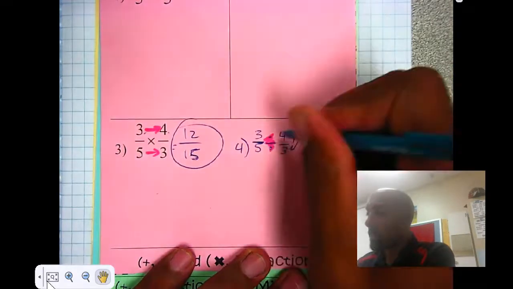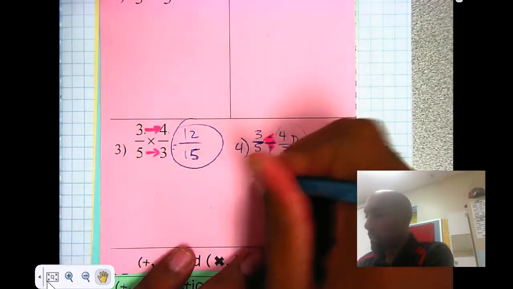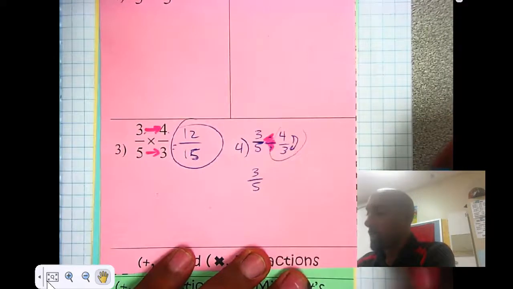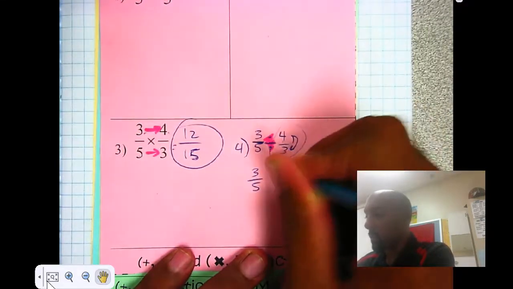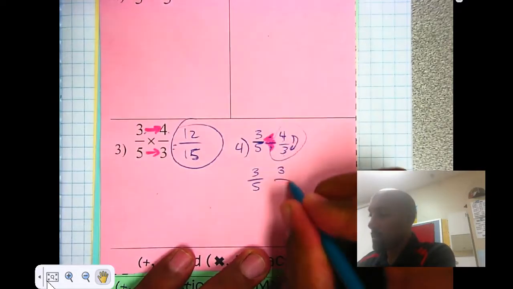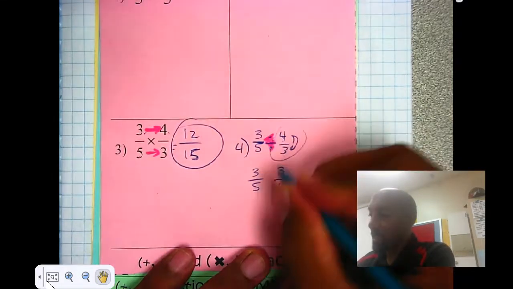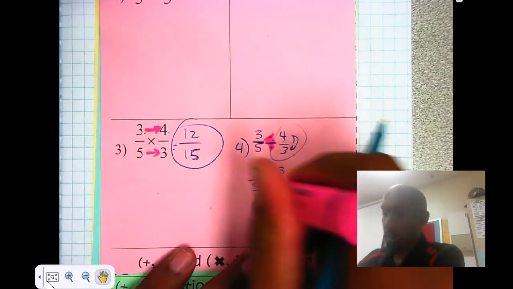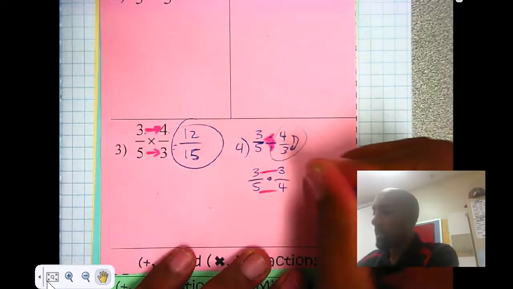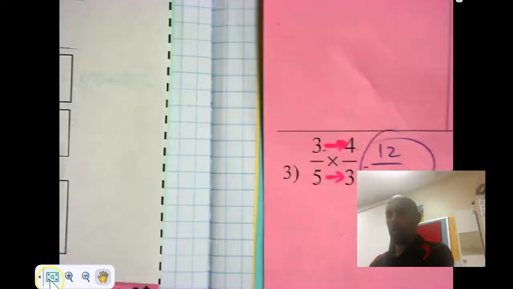I take the second one and I flip it. So now the first one stays the same, and I flip these numbers. 3 goes up here. 4 goes down here. And then this becomes multiply. And now that it's multiply, I go across. 3 times 3, 9. 5 times 4.